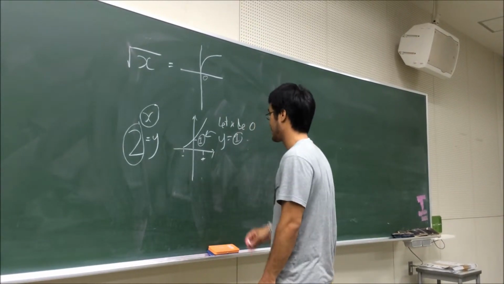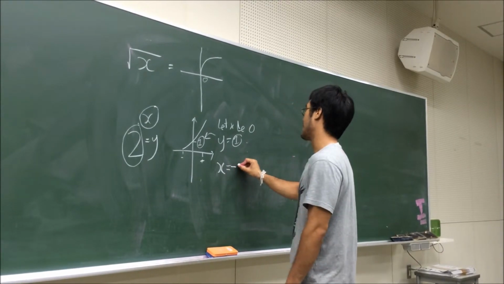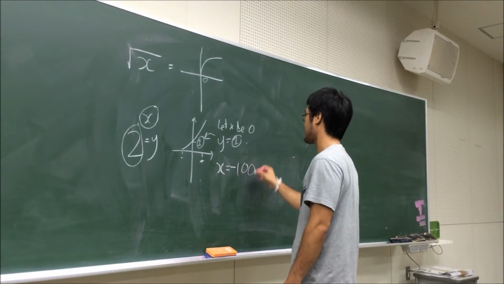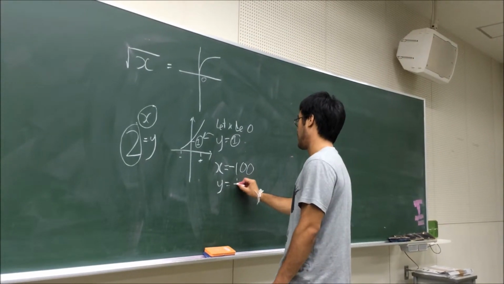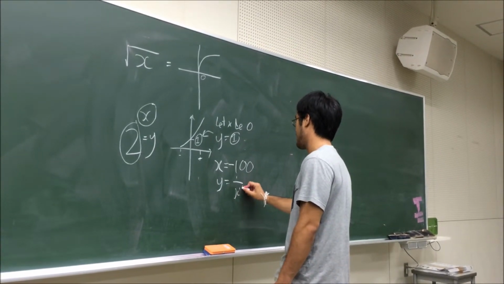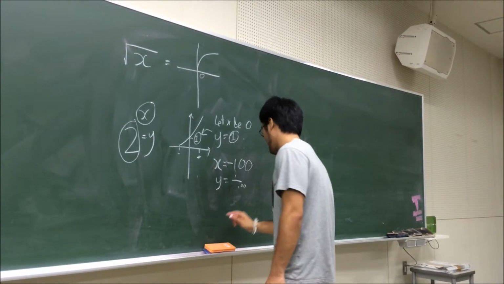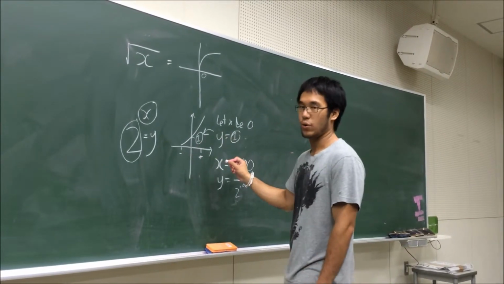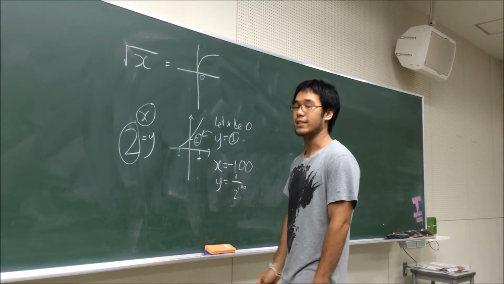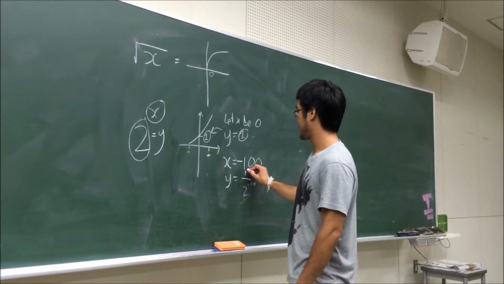Let x be some really, really big number, negative 100. So the result we would get is like y equal to 1 over 2 to the power 100, which you can see you get absurdly close, you will get really, really close to the x-axis, but it will never touch the x-axis. Therefore, it wouldn't be 0.